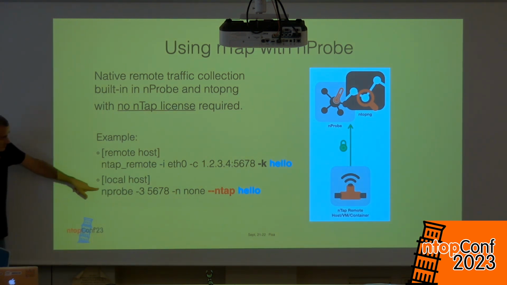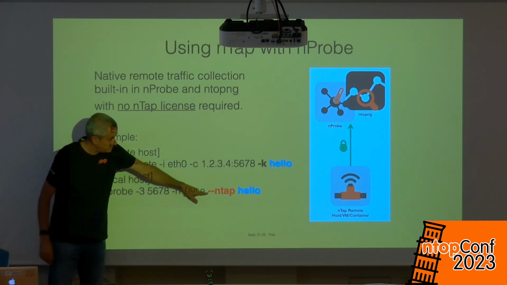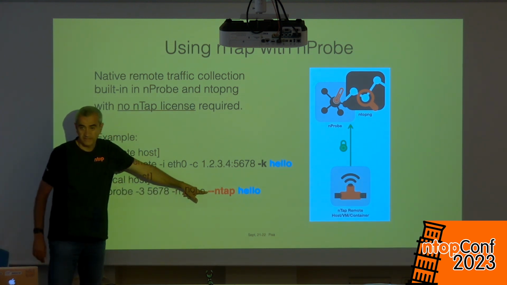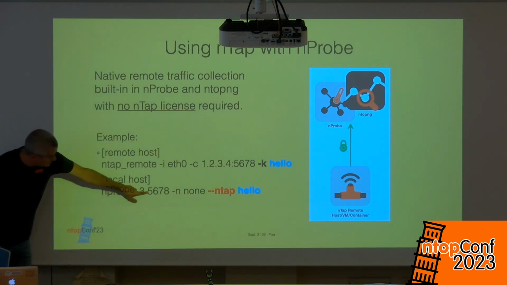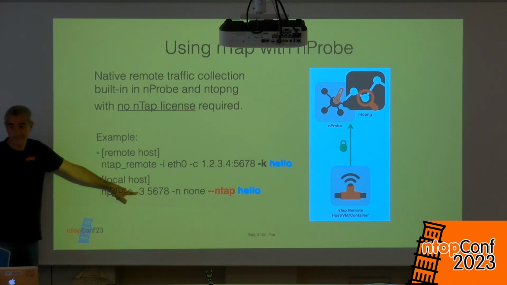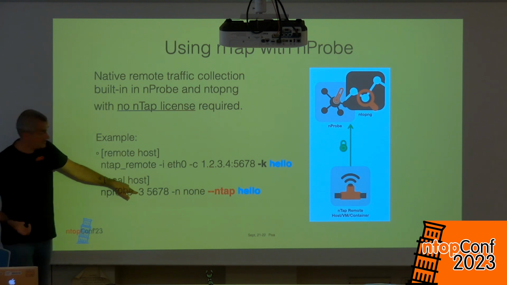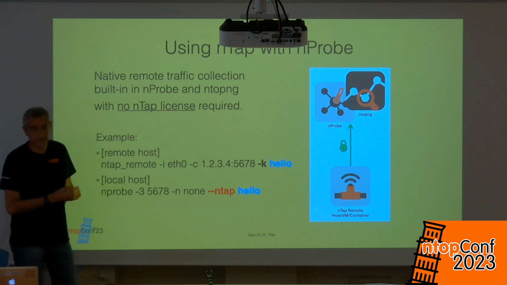And then you can tell nprobe to also collect packets from ntop hello. So this port, the collection port, understands that these packets are not flows, but they are from ntop, and decrypts them using this password because we have a symmetric encryption key.